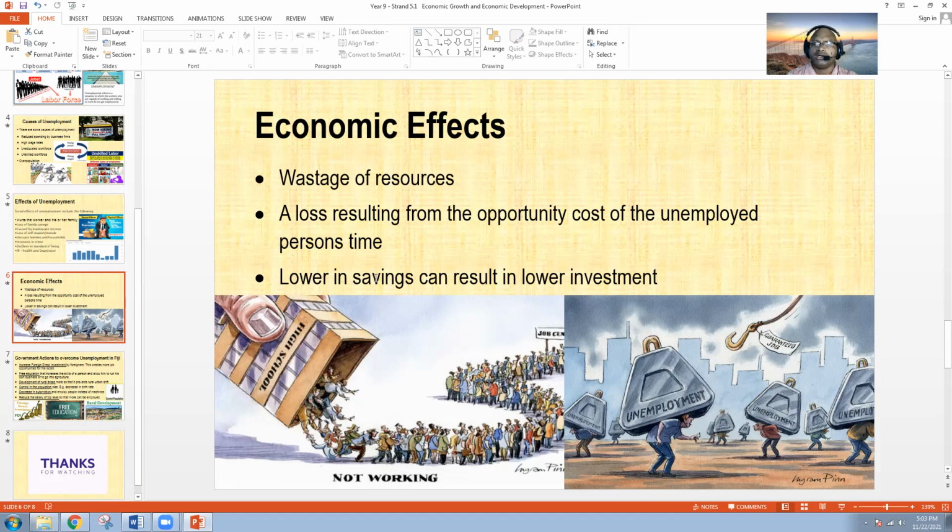This one we may learn at a higher level of economics, where people are able to work, able to save, then spend and save, and the money goes around. Unemployment interrupts this, because with a lot of unemployment, people are not spending as they don't have the income to spend. Businesses are suffering because money is not coming in as they're not able to sell goods and services. Therefore, it trickles down to more unemployment.